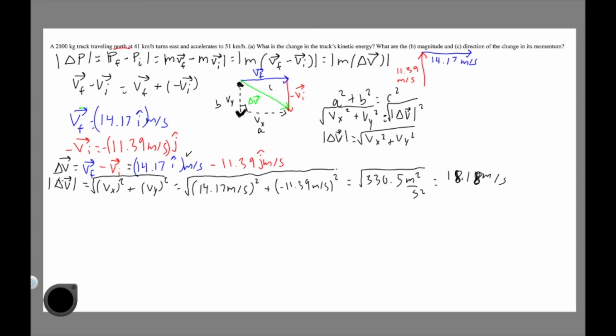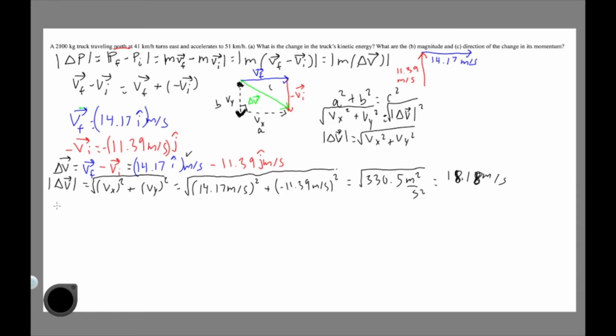So now, to find the magnitude of the change in the truck's momentum, we multiply the magnitude of delta V, which we just found, with the object's mass, which is the mass of the truck, which is 2,100 kilograms.